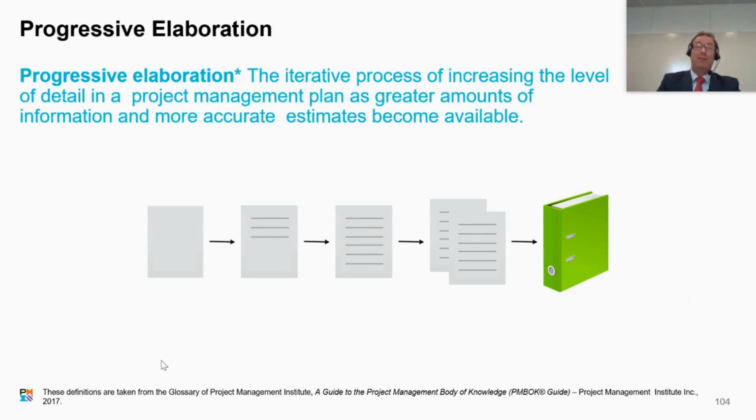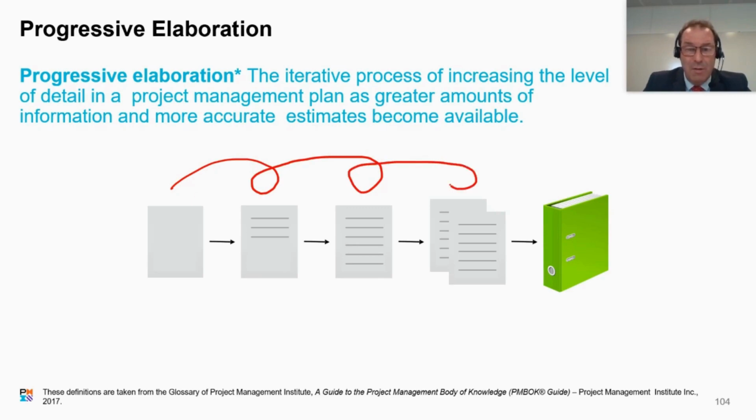Progressive elaboration, very much the agile approach. All this is, is using your iterative knowledge to go through cycles. As we go through each cycle, we are working out how do we get to the end.